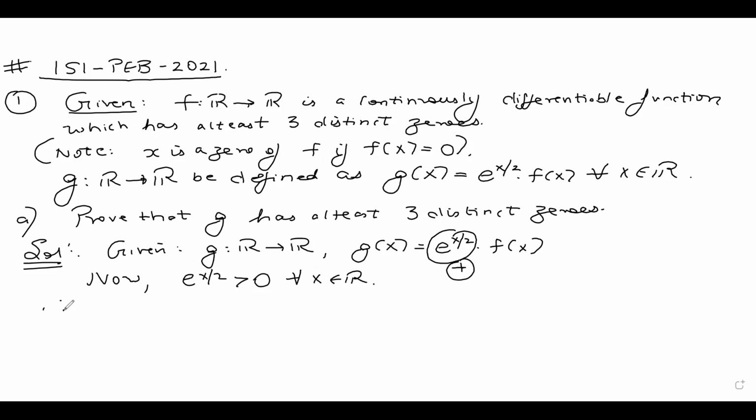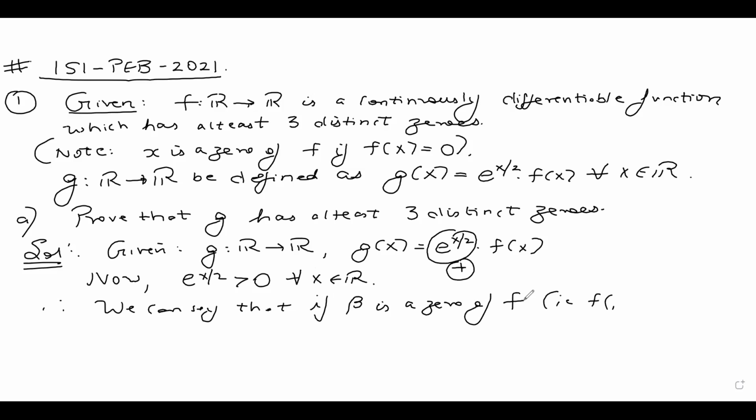So therefore we can say that if beta is a zero of the function f, that is f of beta is equal to 0, then beta will also be a zero of g.